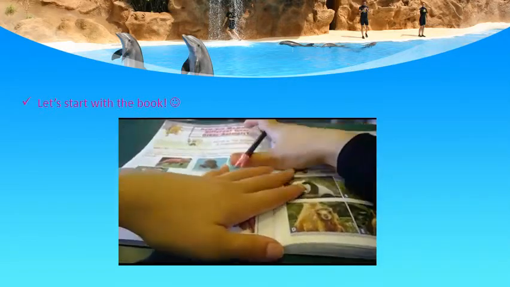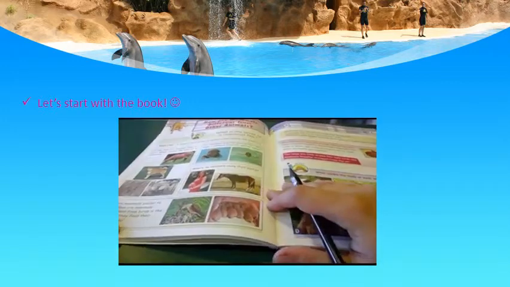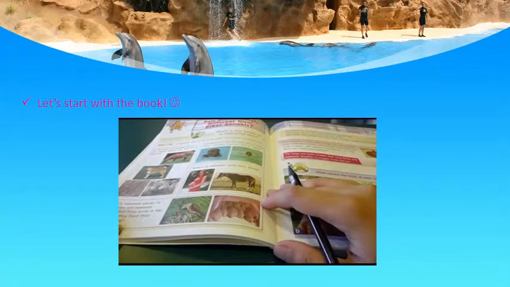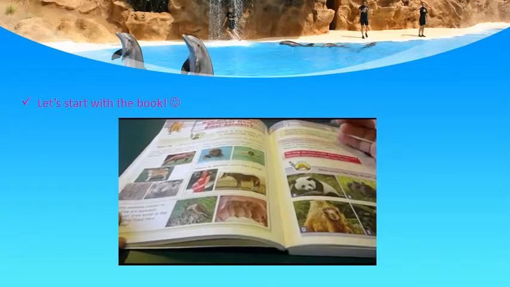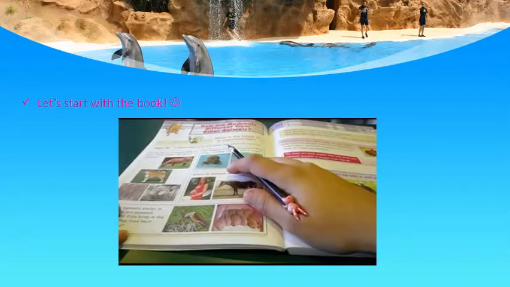The second group of animals to study is the mammals group. How are mammals different from other animals? Mammals are animals that feed their young milk. Most of the mammals give birth to young babies, but not all of them.